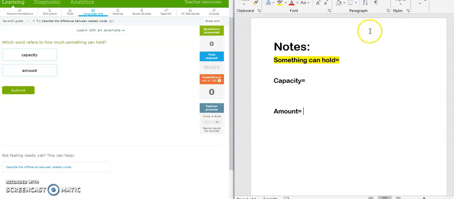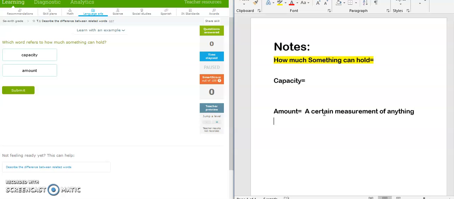But I'm looking for how much something can hold. Now, an amount I know is a certain measurement of anything, really.